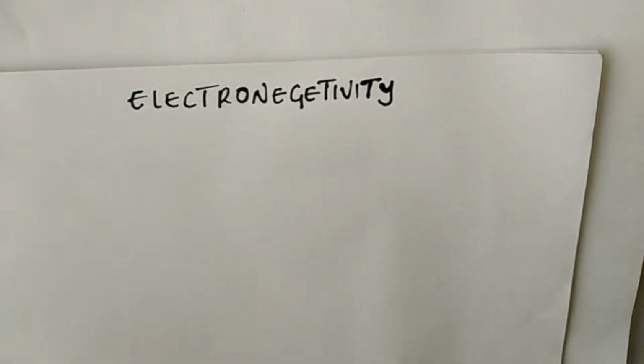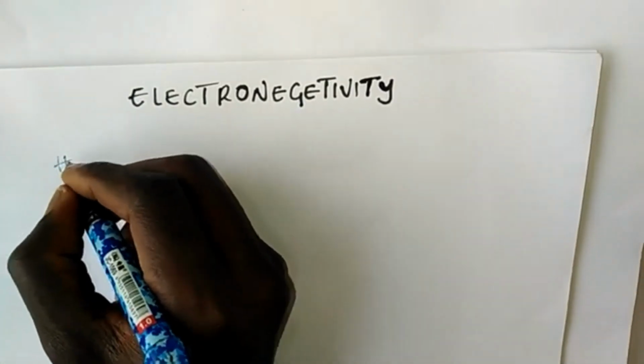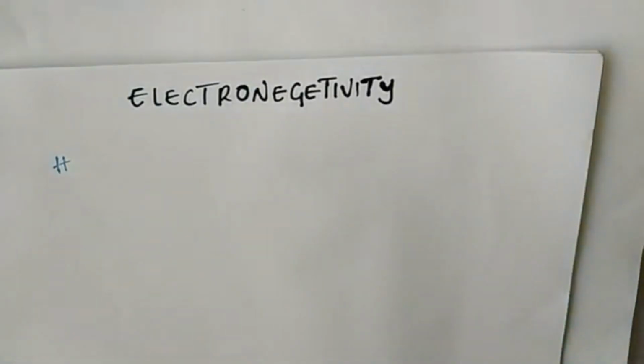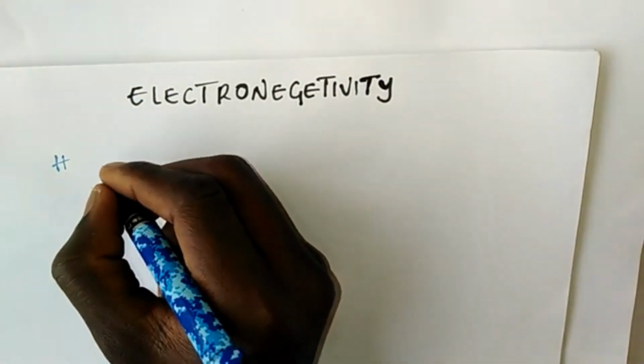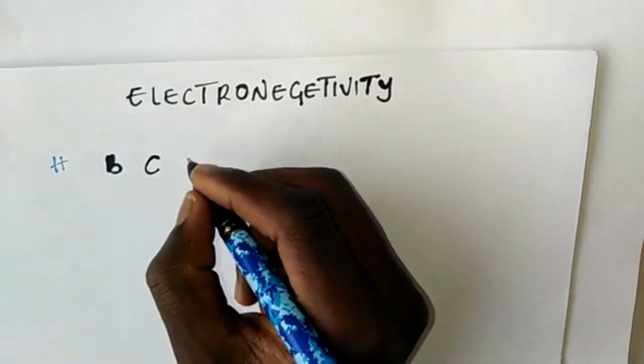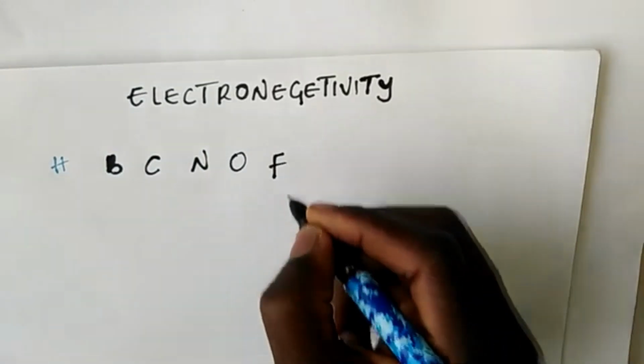So we are looking at electronegativity and how it's related to the calculation of oxidation number. Take for instance, we have hydrogen on the periodic table. We have hydrogen, boron, carbon, nitrogen, oxygen, and fluorine.